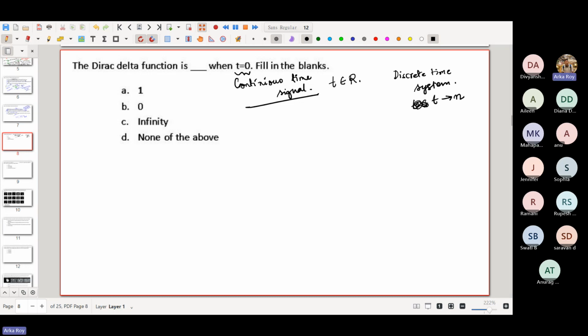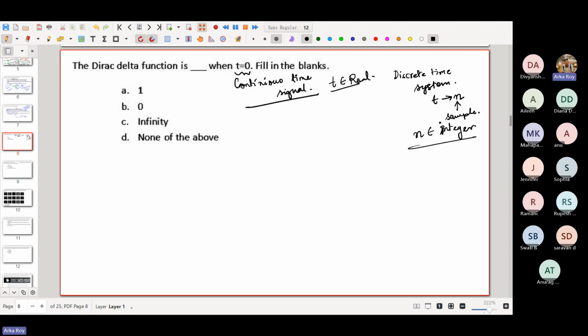This is basically called a sample, and this is an integer. Previously it was real valued. The t was containing real values, and in case of a discrete system, you have n in place of t, and this n basically comprises the integer space.